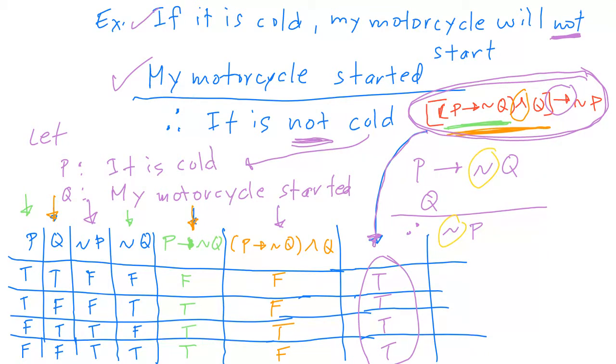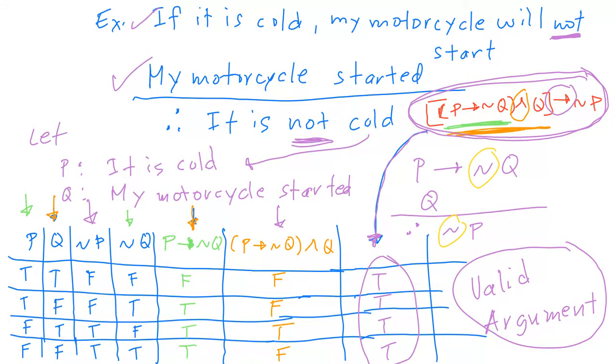So our answer is a valid argument. Because we have all T's, that's a tautology. If we have a false there, then that would be invalid. Now we have all T's, and that's the definition of a valid argument.